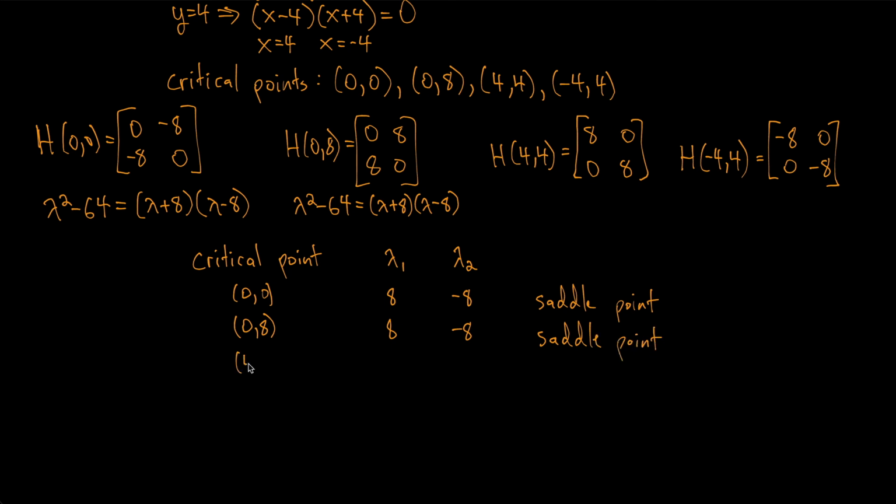At 4, 4, our eigenvalues are 8 and 8, so this is a relative minimum. And at minus 4, 4, we have eigenvalues of minus 8, minus 8. So that's where our relative maximum will be.